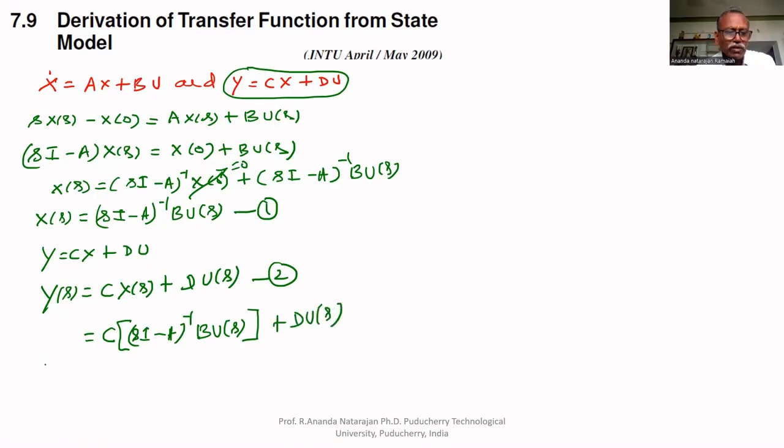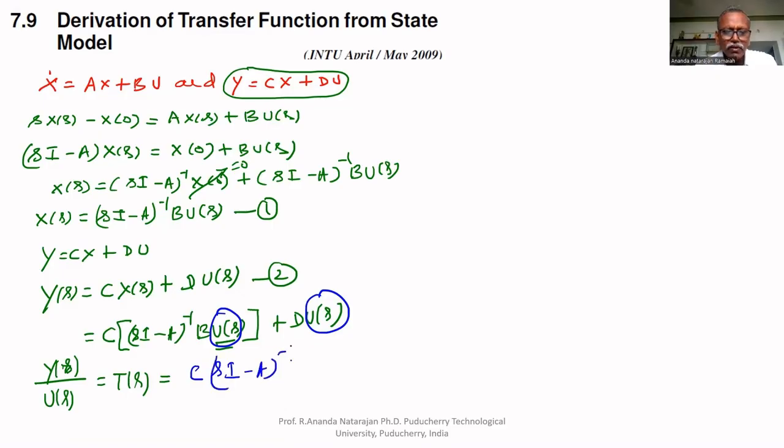Therefore, Y(s) upon U(s), this is the transfer function, P(s), equal to, we bring this U(s) to the left hand side, C (sI minus A) inverse B plus D. That's all. This is the transfer function.